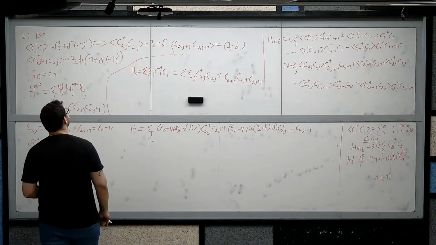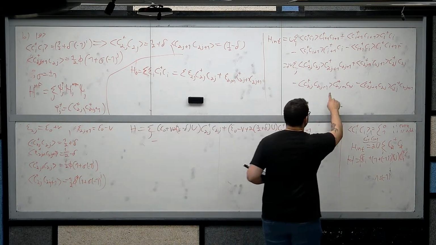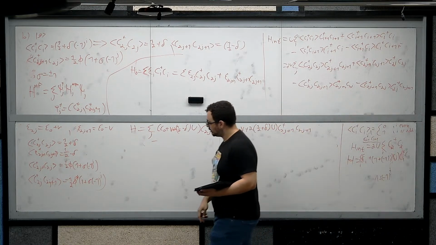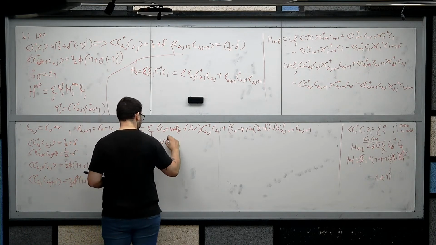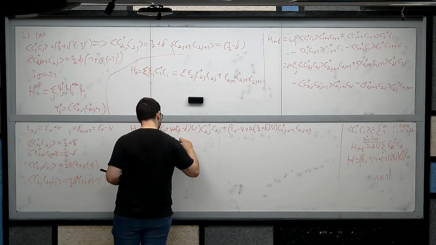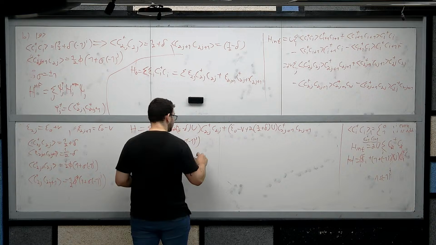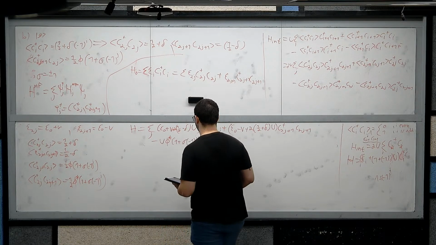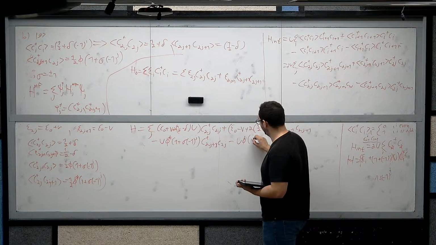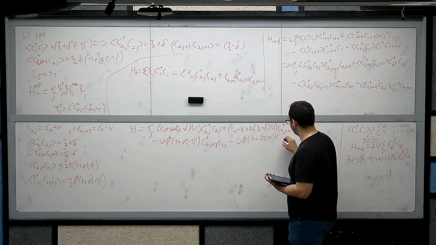So minus, now the first term, C2j plus 1 dagger C2j, minus u psi, 1 plus rho to the power of j, C2j plus 1 dagger C2j, minus u psi, 1 plus rho to the power of j, C2j dagger C2j plus 1.